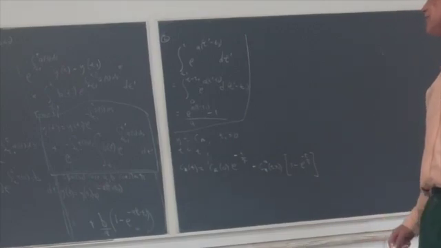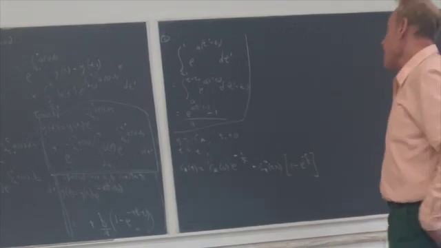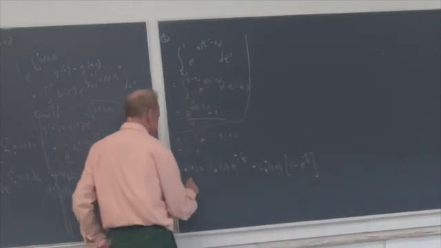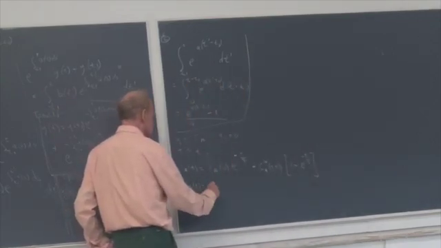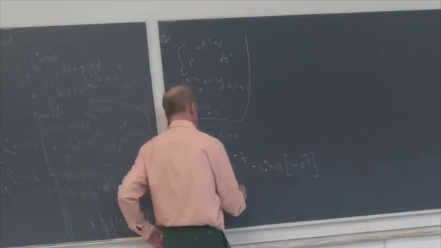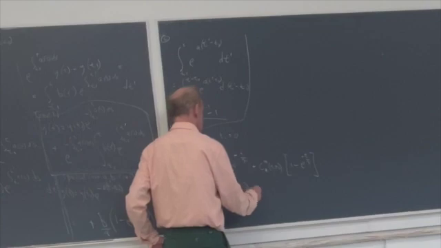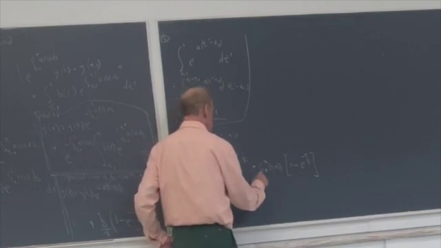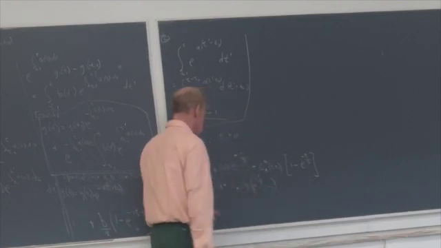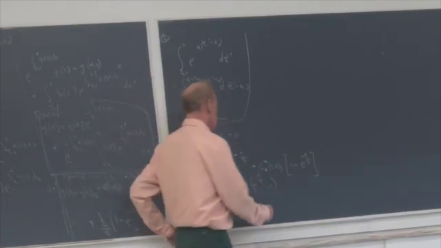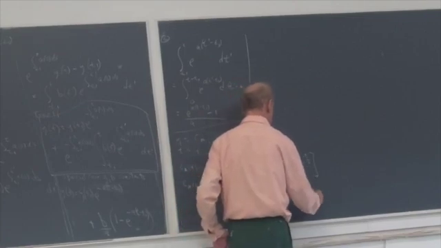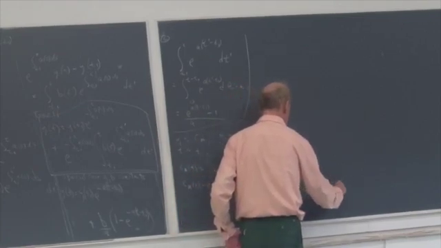And if I want to rearrange this, let me subtract CA of 0. So CA of t minus CA of 0 is equal to CA of 0 times e to the minus t over tau minus 1, because I subtracted the CA of 0, plus CA in at t greater than 0, 1 minus e to the minus t over tau.